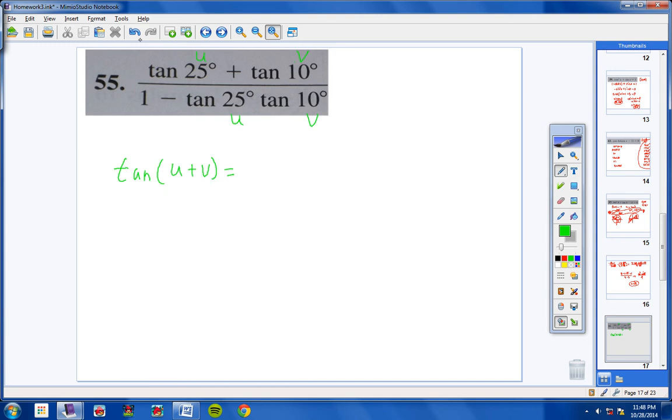Okay, so really what you have is the tangent of u plus v, which would be the tangent of 35 degrees. And that is the final answer. Okay? Alright, moving on to number 59.